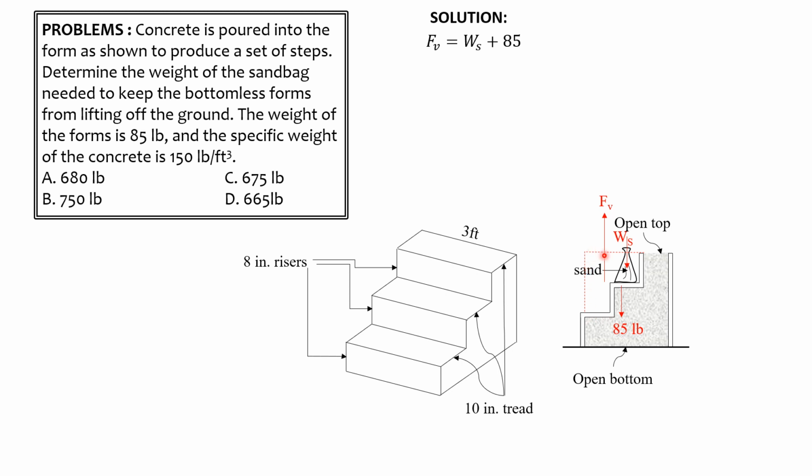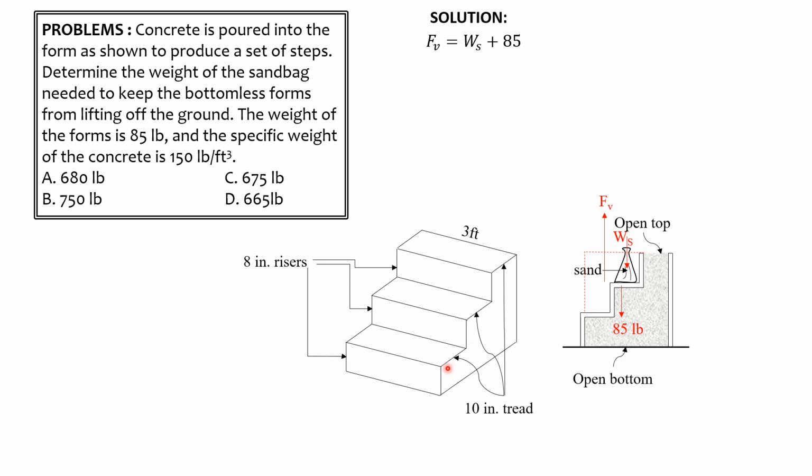And the volume is the area of this rectangle times 3 feet, then plus the area of this rectangle times another 3 feet. That's the volume. So we must convert the area to square feet because the dimensions here are in inches.